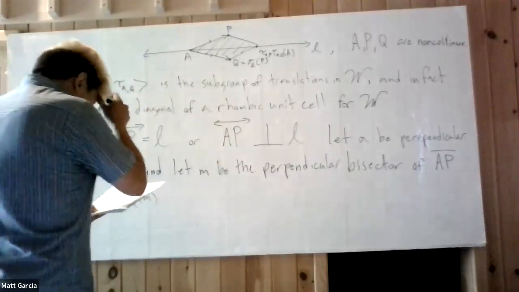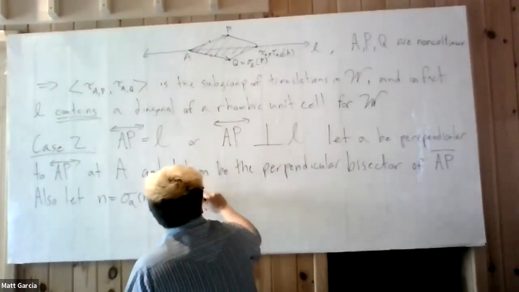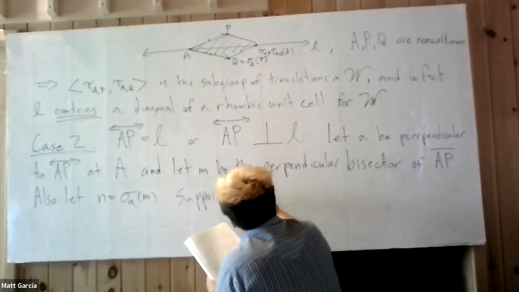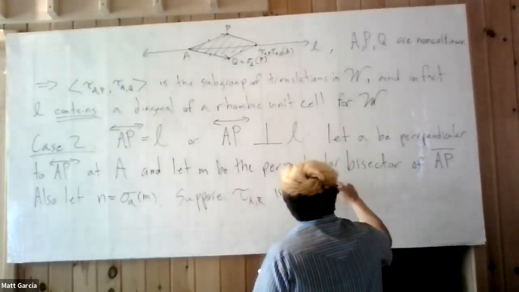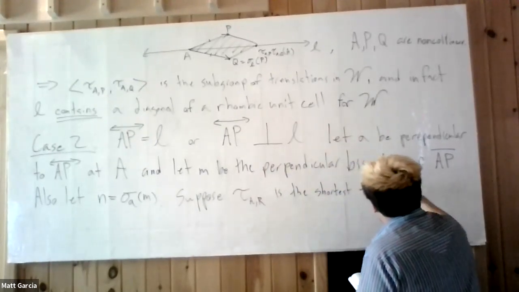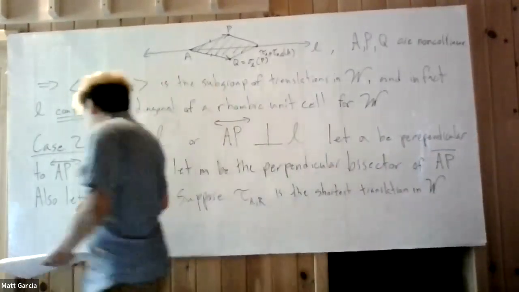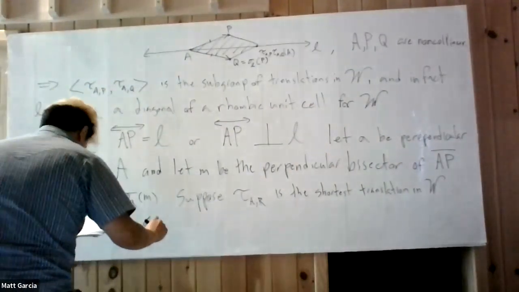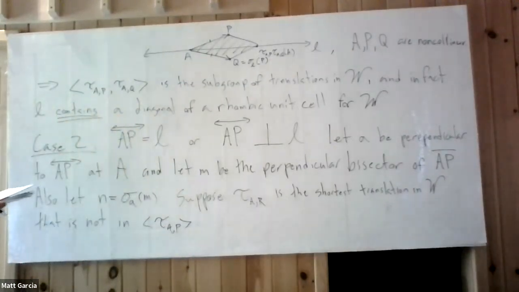Okay, so furthermore, let's suppose that tau sub A comma R is the shortest translation in W that is not in the subgroup generated by tau sub A comma P. Okay.